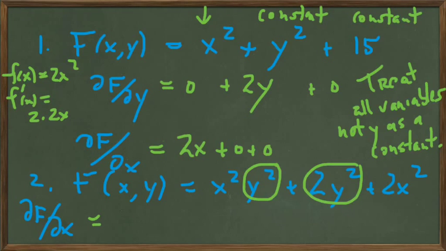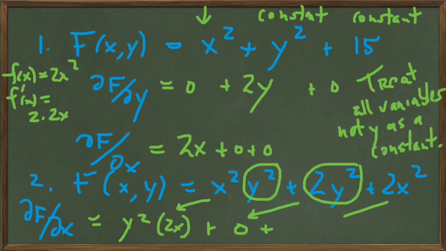When we take partial x of that first term, the constant remains, and then we take the partial of the part that's with respect to x and get 2x. When we take the partial of this second term, it is 0 because everything is in another variable besides x. And then when we take the partial of this last term, everything is in the variable x, and so it's just a derivative as normal.